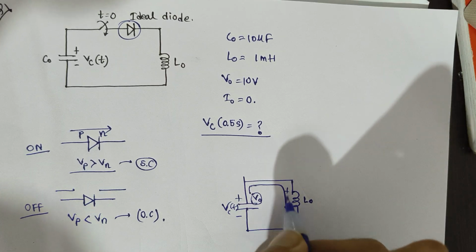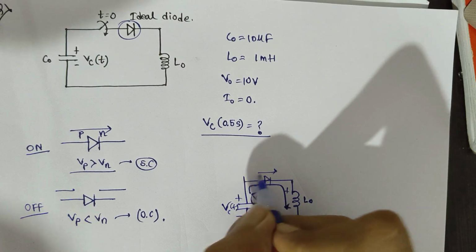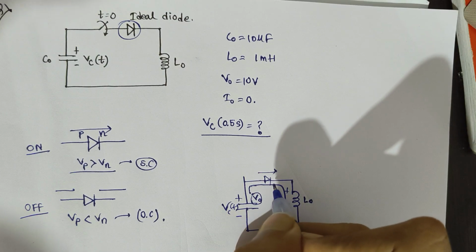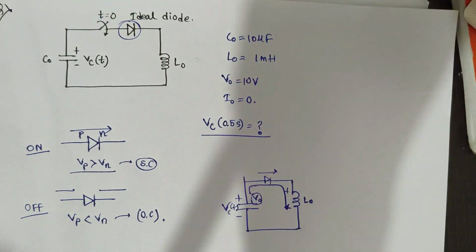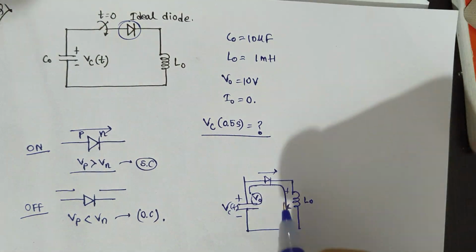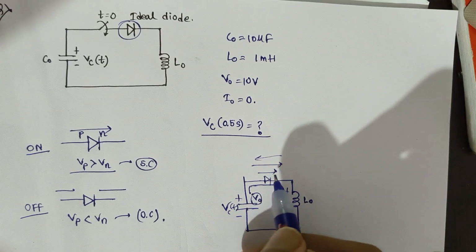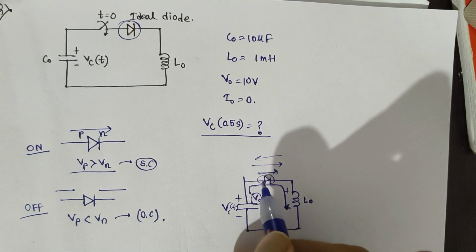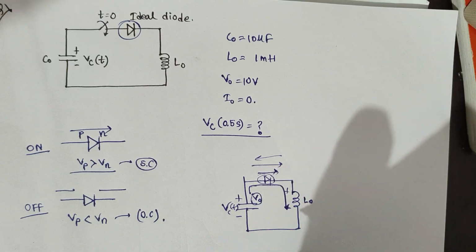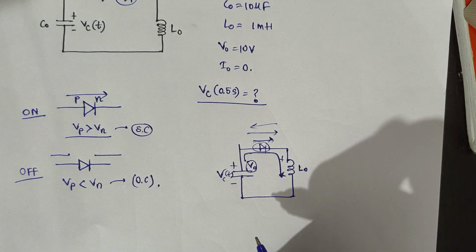And here it's open, so the current is flowing in this side, so our assumption is correct. If the current flows in this direction, the diode is on. If the current flows in this direction, the diode will be off. So in our case the current is flowing in this direction, so our assumption, which was diode on, is correct, right?